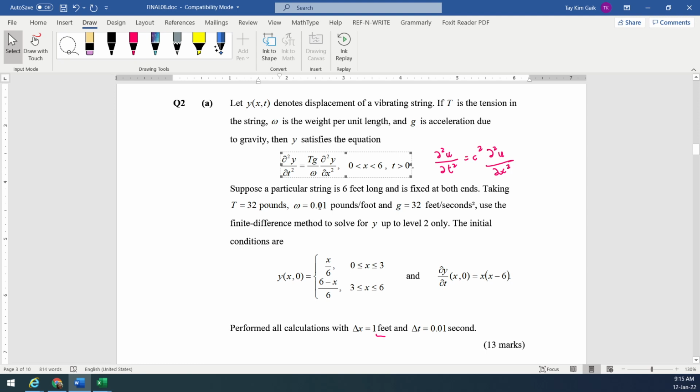To check their units, let's calculate c squared.